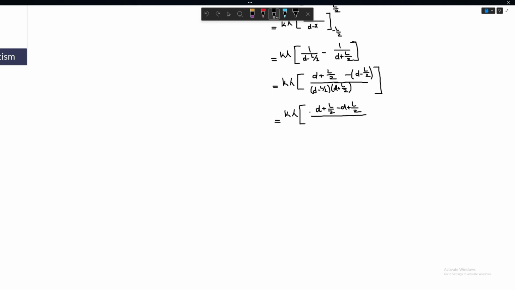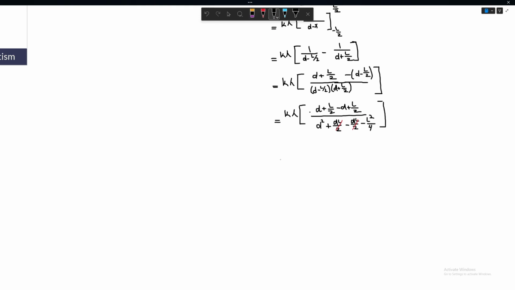If I expand the denominator out, what I'll get is d squared plus dL over 2, and then times the negative, also negative dL over 2, and also negative L over 2 times L over 2, which is minus L squared over 4. Now this and this will cancel out.